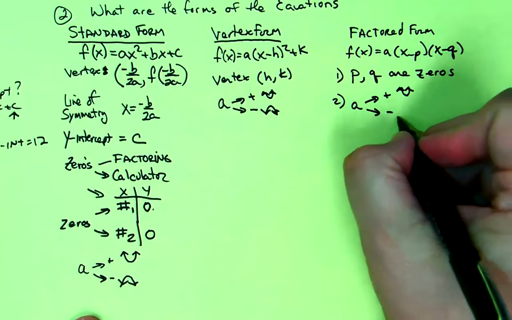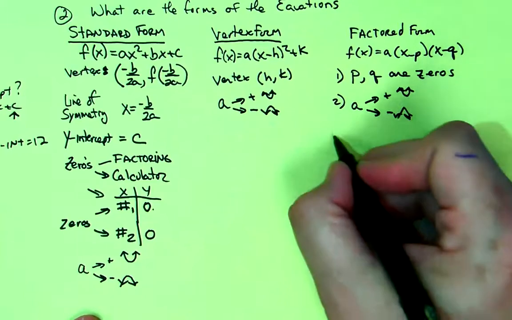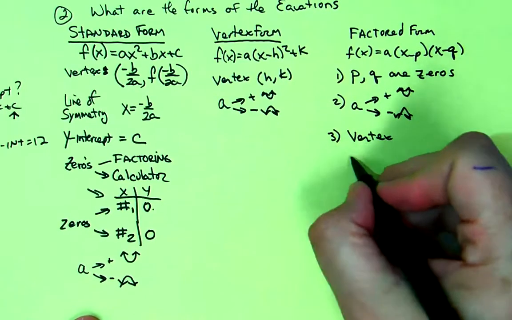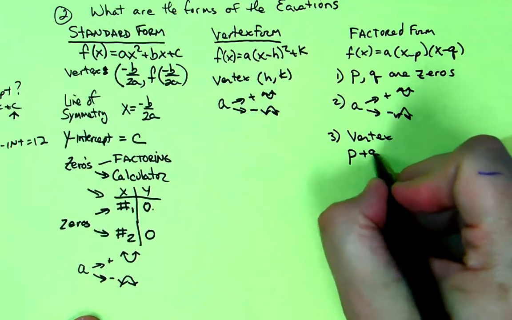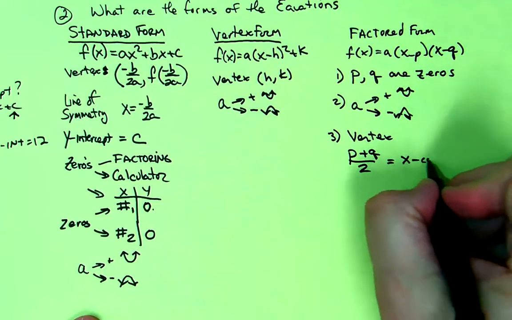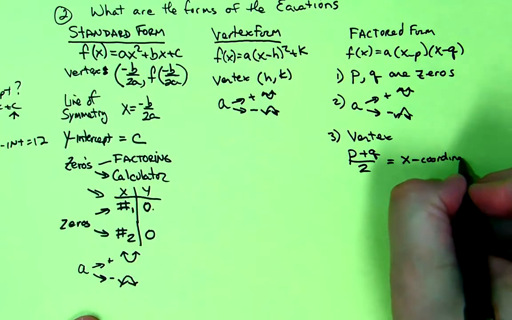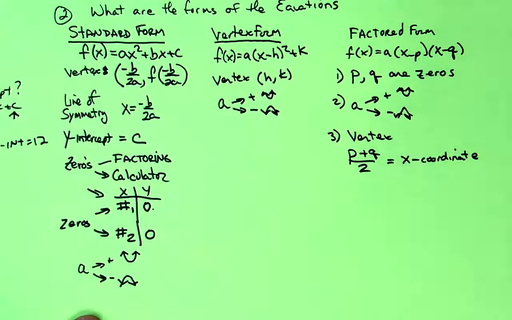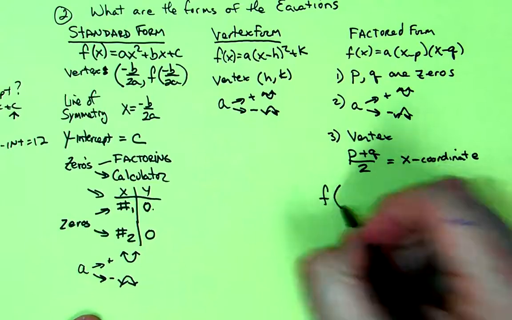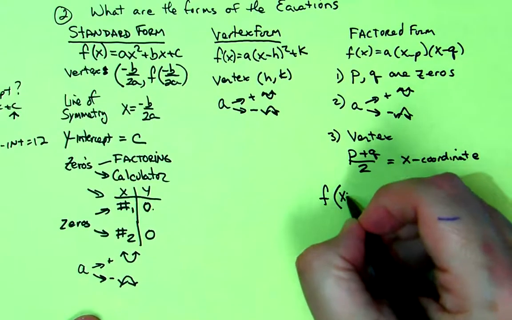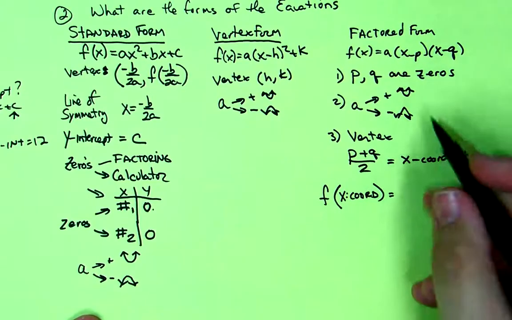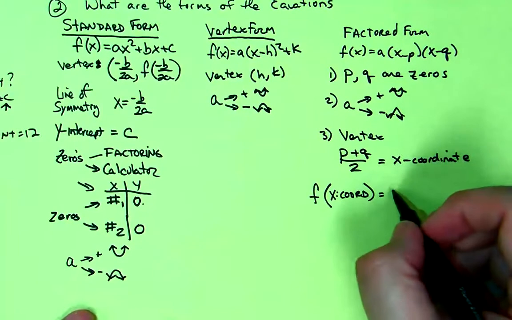If it's negative, it's opening down. To get your vertex, what you're going to do is p plus q divided by 2, and this is going to be equal to the x coordinate, because it's smack dab in the middle of the zeros. And then you take your function and plug in your x coordinate value. And then you simplify it at that point.